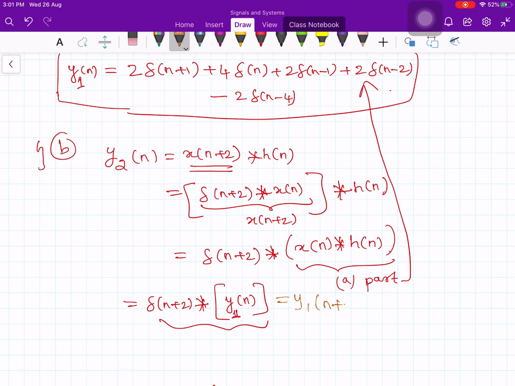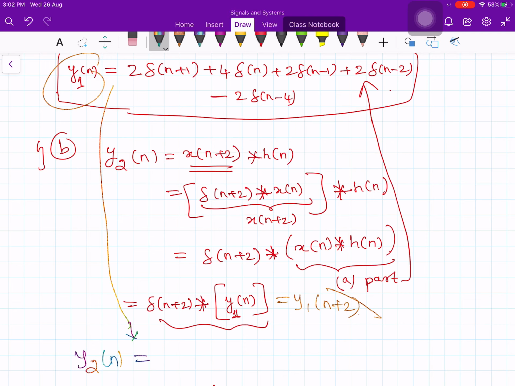Therefore, what is y1 is here, replace n by n plus 2. So y2 of n is equal to y1 of n plus 2. So wherever n is there, you replace by n plus 2.